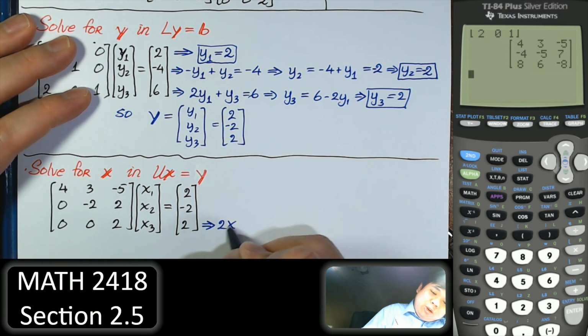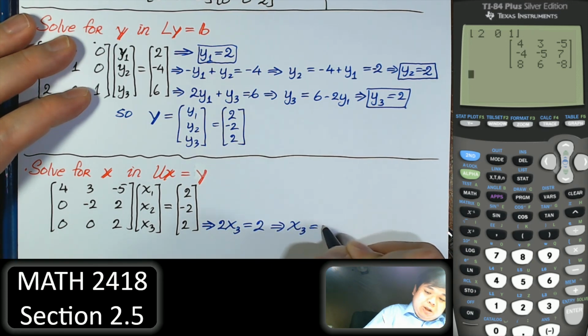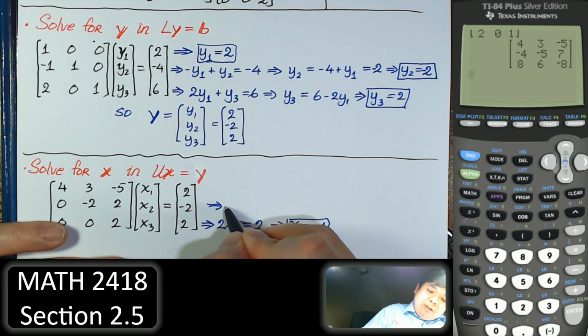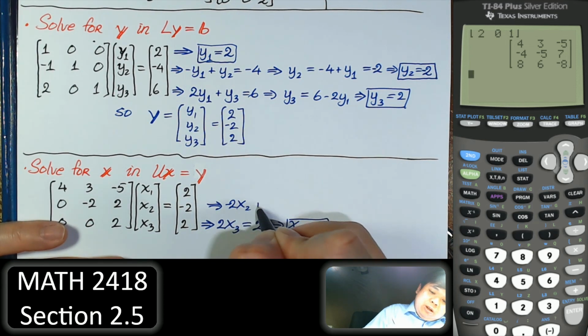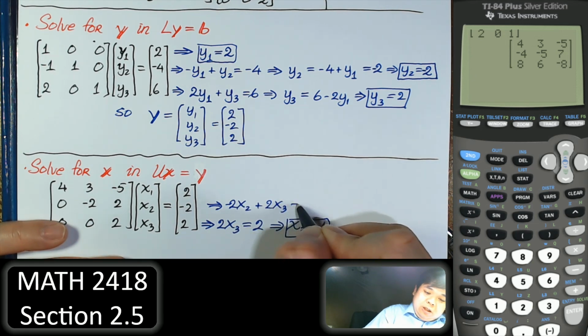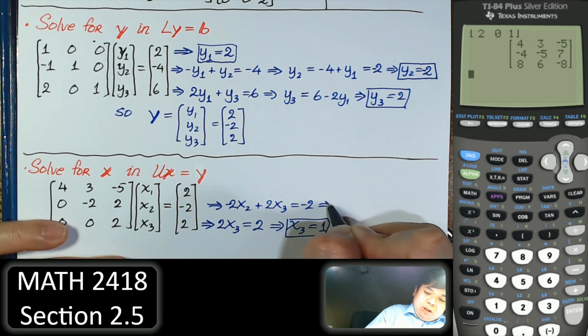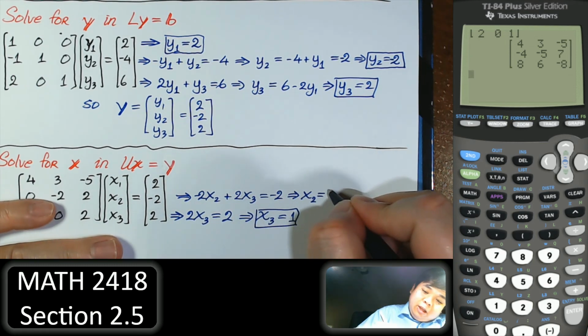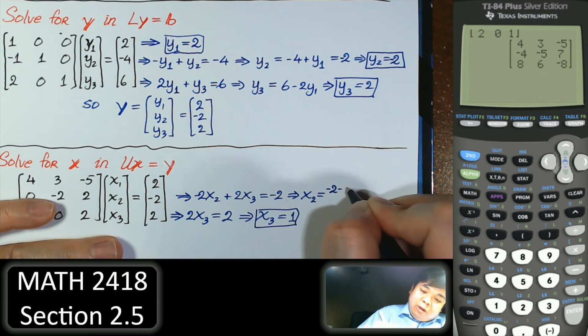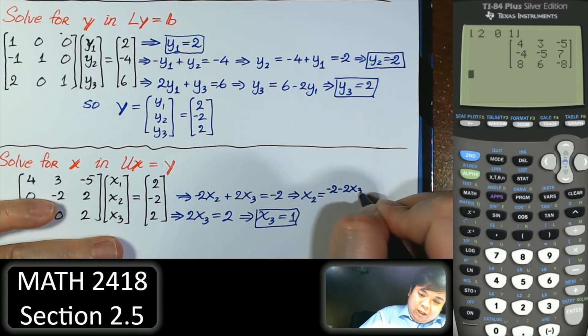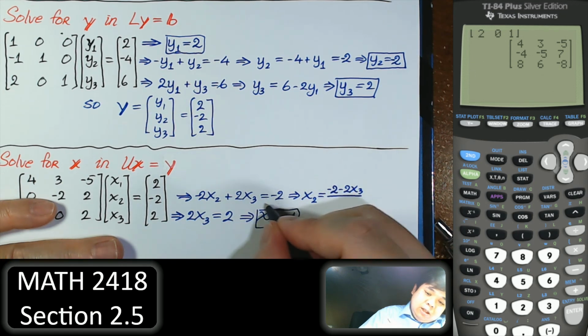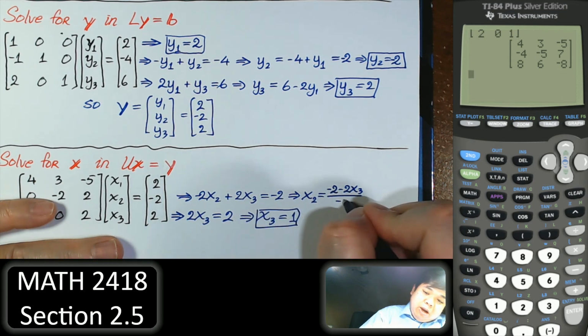Here we have 2x3 equal to 2. So x3 is equal to 1. Now this step, negative 2x2 plus 2x3 equal to negative 2. So we have x2 equal to negative 2 minus 2x3 divided by negative 2.